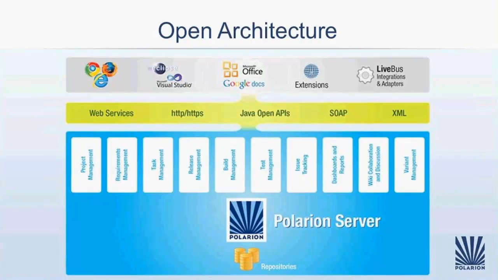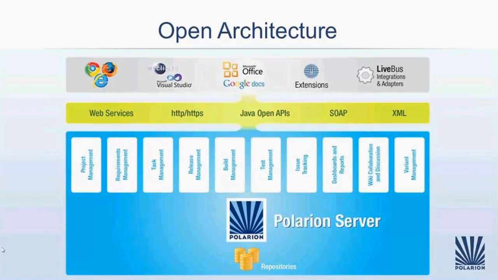You can connect Polarian to different kinds of tools, also via the web services or Polarian's Java Open API. So Polarian is able to transfer data to different kinds of tools and also get information from tools. So if an adapter is not yet available, you can build one, or we can build one for you to connect the tools together.